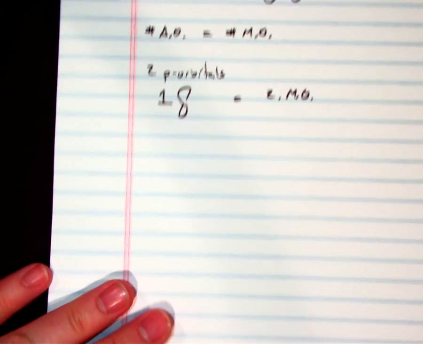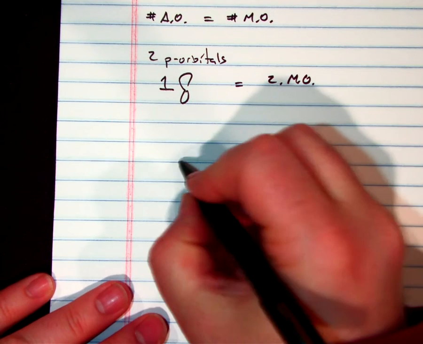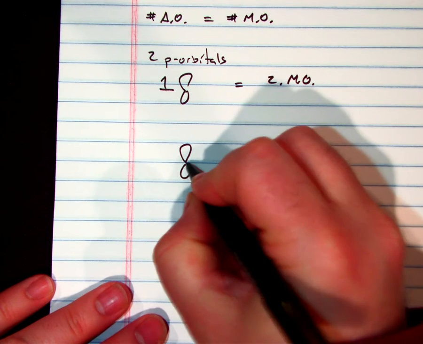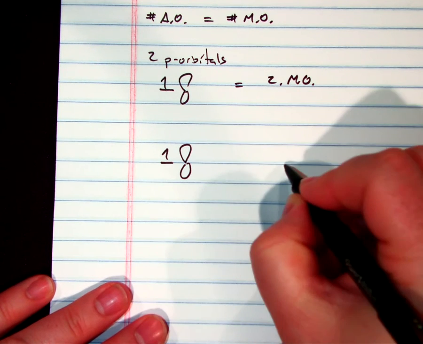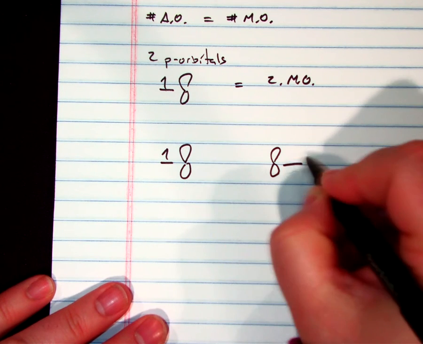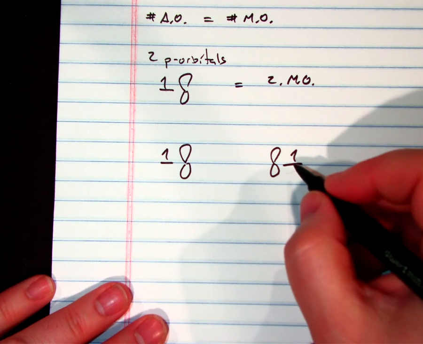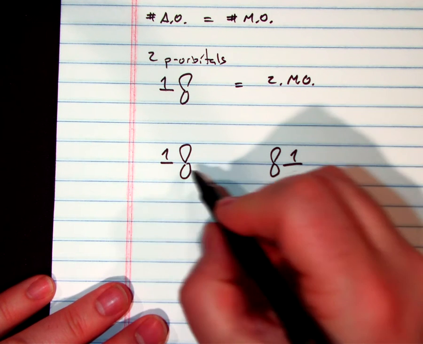So if we try to see how these things can come together, here we have one p orbital. Here we have another p orbital. Now there's two ways that they can combine together.